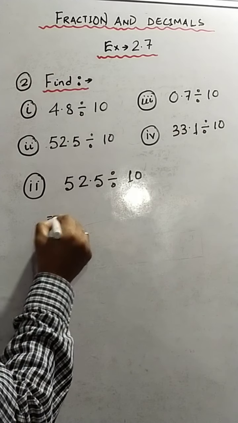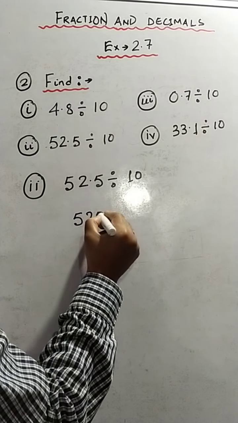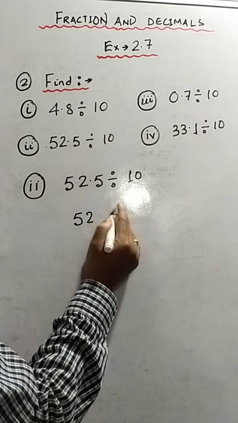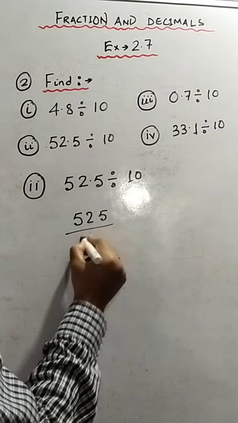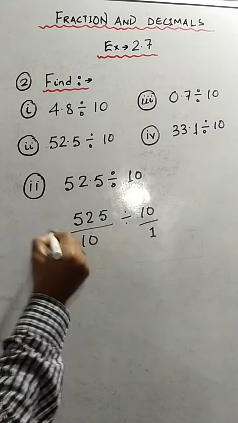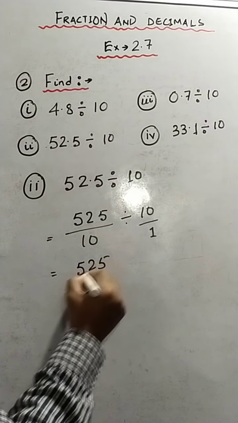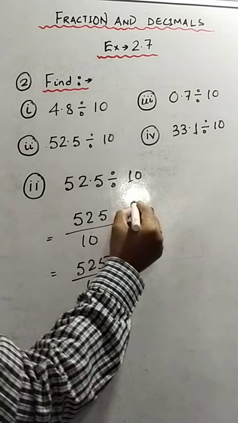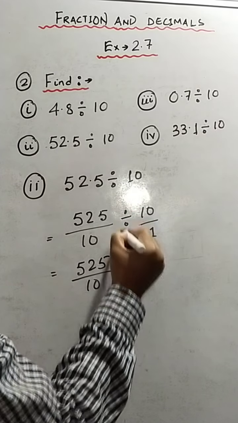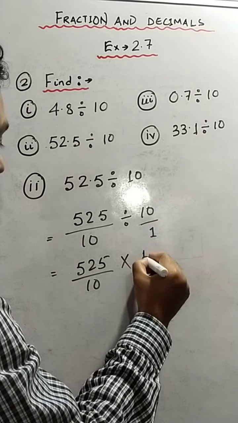So what do we have to do? Yes, I know most of you have the answer. We have to write 525 by 10 divided by 10 by 1, isn't it? Now, next step. Yes, I know you people know it. In place of division, what we have to do? We put a multiplication sign, and this fraction form will be reciprocal.